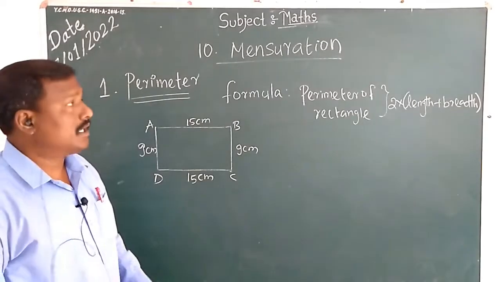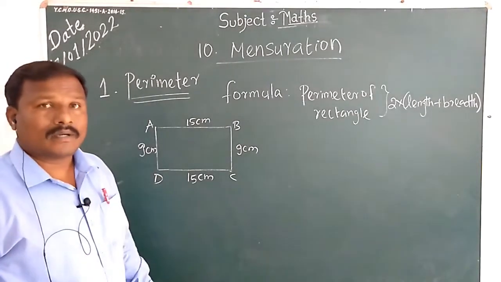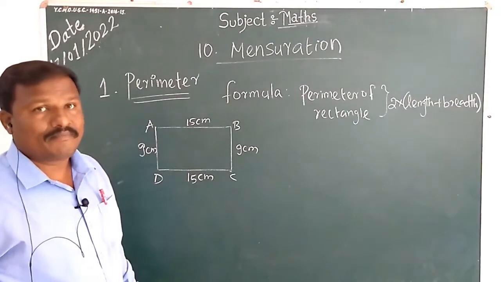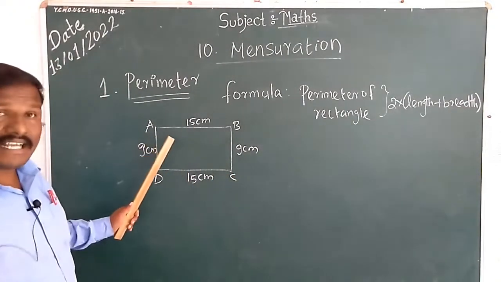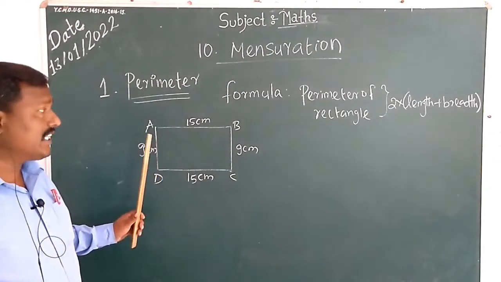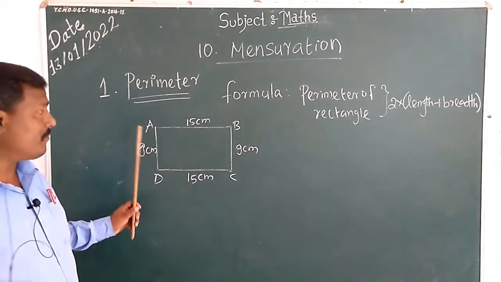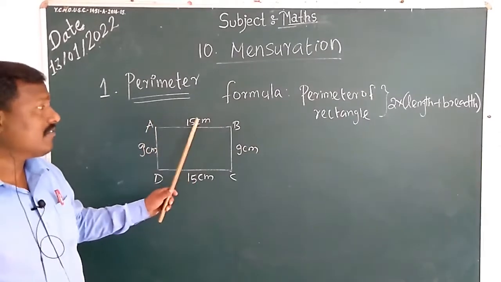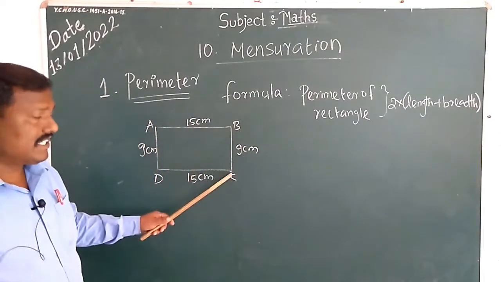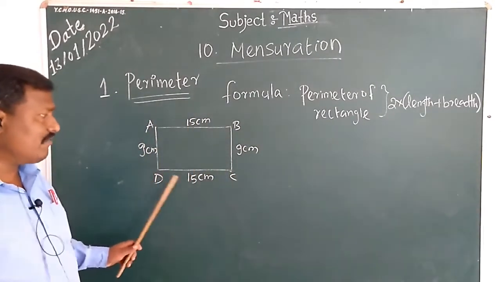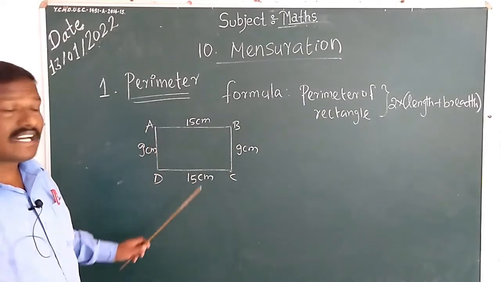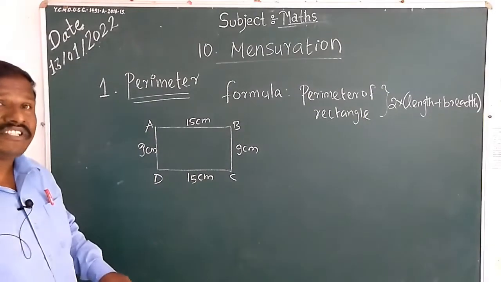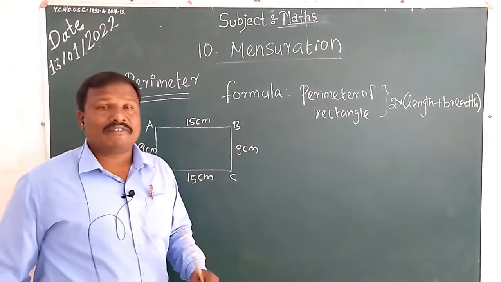Let me find the perimeter of a rectangle. Here I am taking an example diagram of a rectangle. I have given each side a name: side AB 15 centimeter, BC 9 centimeter, CD 15 centimeter, then DA 9 centimeter. What is the definition of a rectangle?